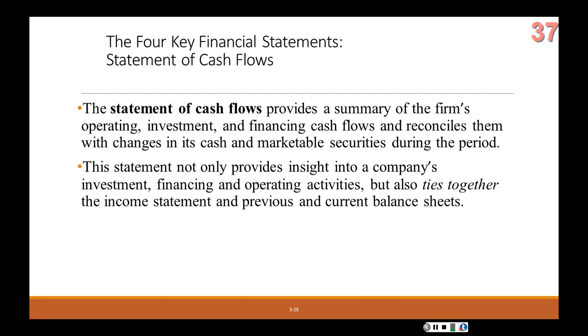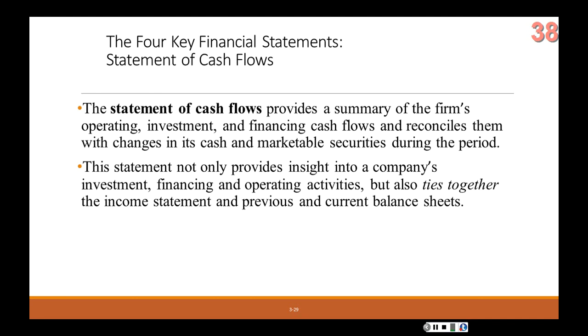Statement of cash flows. It is the summary of cash flows over a period of concern. So it reconciles these cash flows with changes in cash and marketable securities. And this statement ties the income statement and previous and current balance sheets.